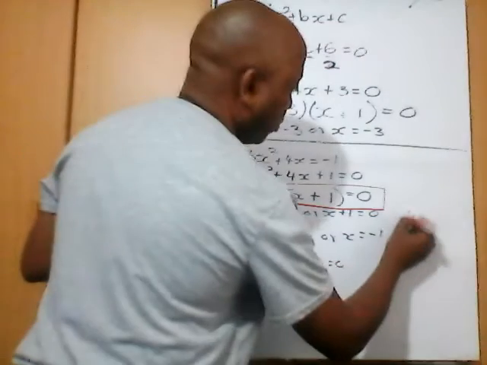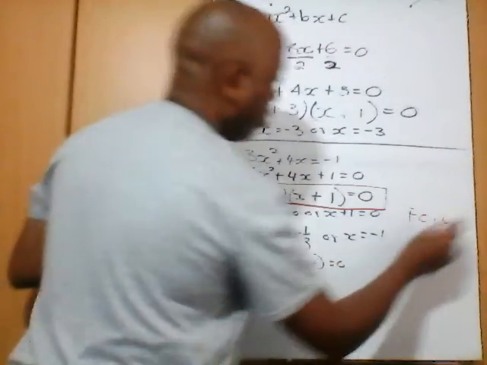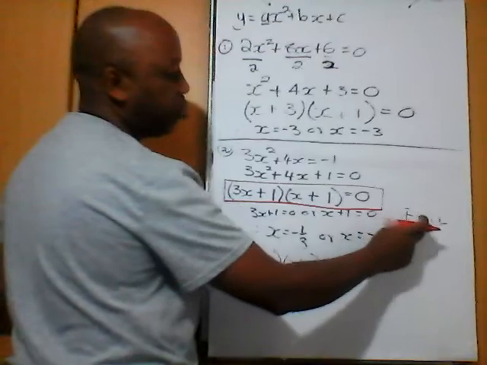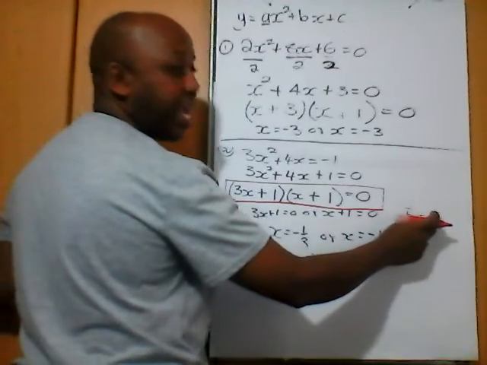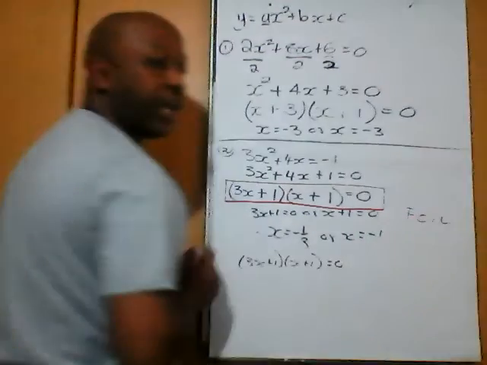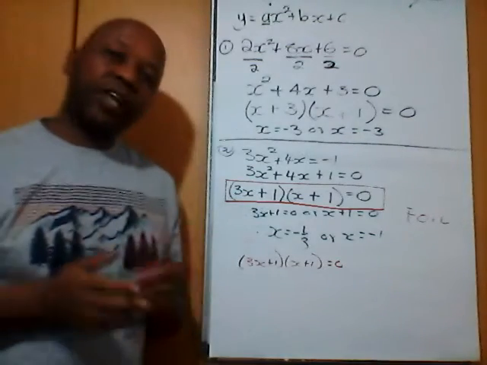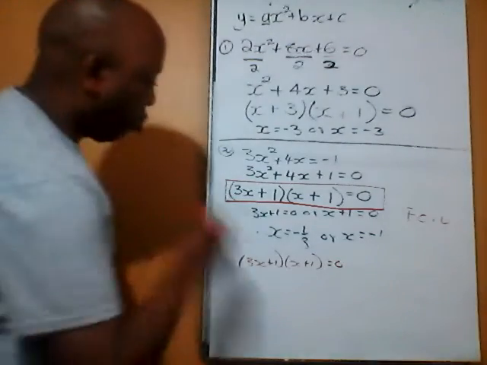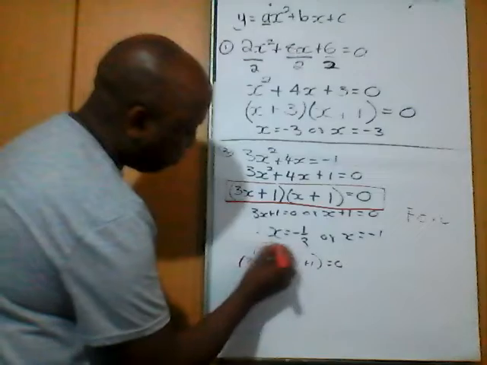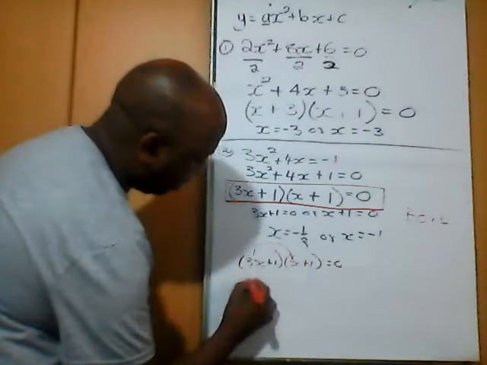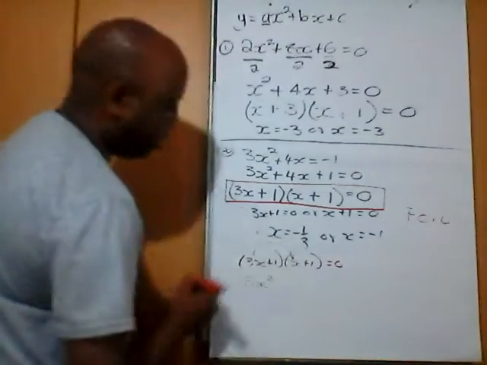Okay, just to remind you, FOIL method, you multiply the first terms first, you multiply outer terms, you multiply inside terms or inner terms, and you multiply the last terms together, and then you add your like terms if you have any. So let's do that. First terms first. 3x times x gives me a 3x squared.